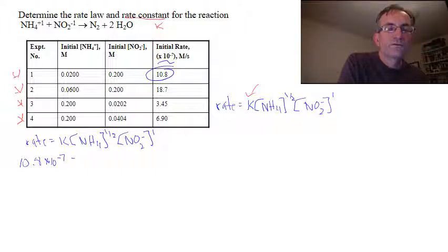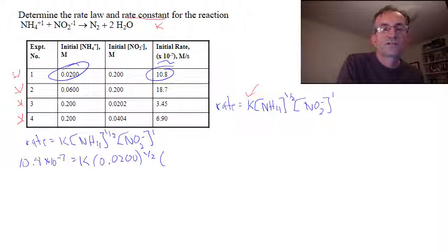And on the right-hand side, we get K, and then the concentration of NH4, which is 0.02. Now remember, that's to the half power times the concentration of NO2 to the first power.